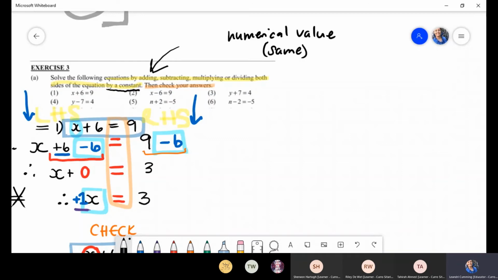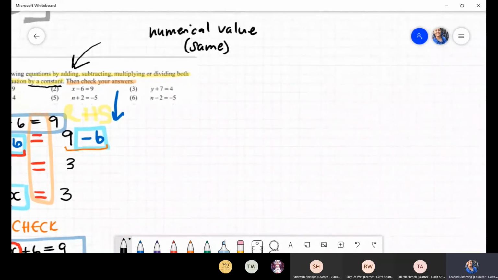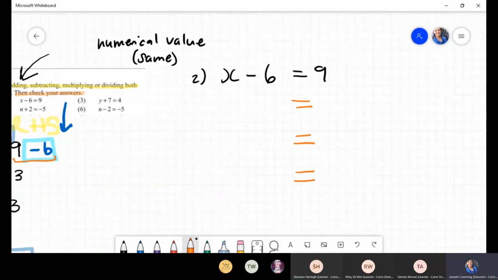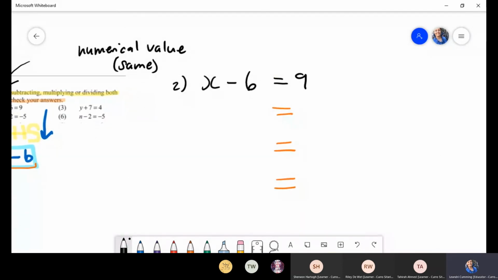Right, so what we see now at number 2, the equation is given x minus 6 is equal to 9. I'm going to first write down my equal sign so that I know I need to work in a good order, and then I'm going to keep my x that's here, my minus 6, leave a little gap, 9, leave a little gap.